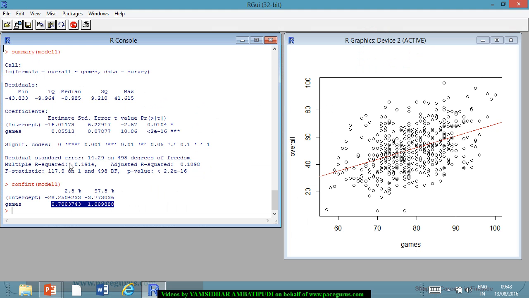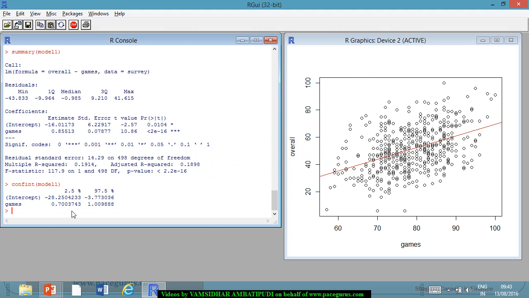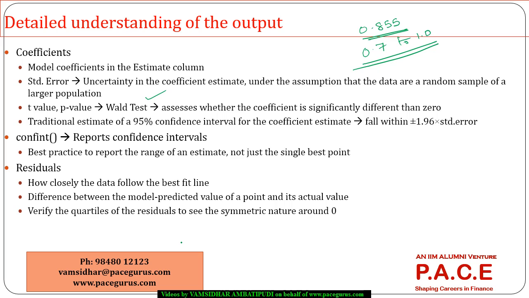If the confidence interval contains a 0, then I will not reject the null hypothesis. But if the interval does not contain a 0, like this one, which is 0.7 to 1, I can very well reject the null hypothesis and take my decision in favor of the alternate hypothesis.